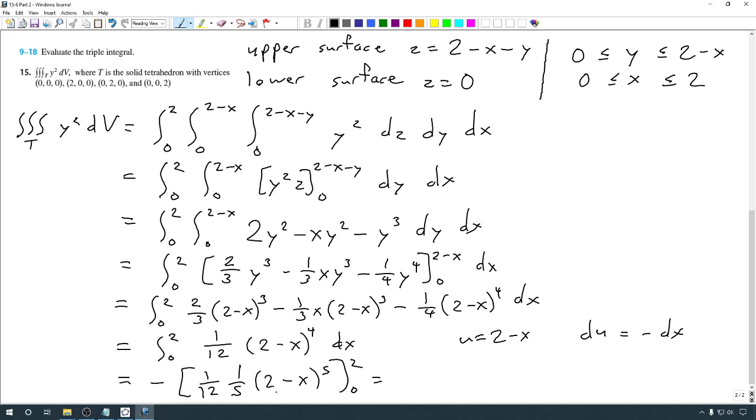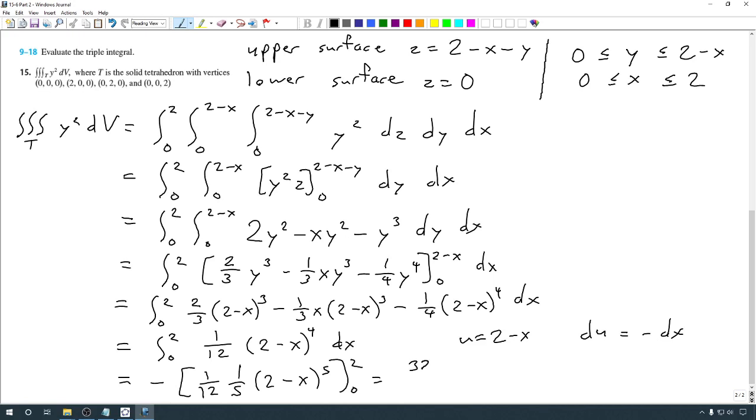When we plug in 2, we actually get 0 because 2 minus 2 gives 0. It's when we plug in 0 that we actually get something. And the fact that we do get something for 0 is why we have the negative there. It actually cancels out when we subtract what we get when we plug in 0. So we end up with 1/12, 1/5, and then 2 to the fifth power.